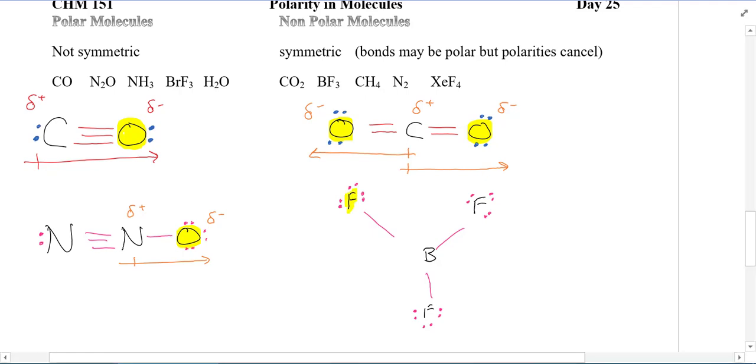I have 3 top 5 atoms. Very polar bonds. Negative, negative, negative. Positive in the middle. However, the shape is trigonal planar. It's symmetrical. Therefore, it's not polar.